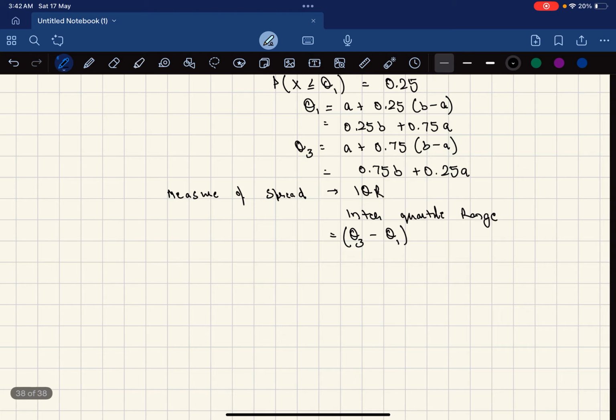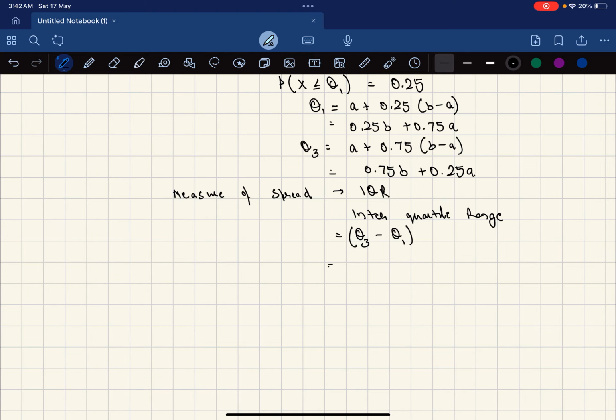So if we calculate it for the above distribution, we can simply put the values here: 0.75b plus 0.25a minus 0.25b minus 0.75a, which comes out to be 0.5b minus 0.5a, which is (b minus a) upon 2.